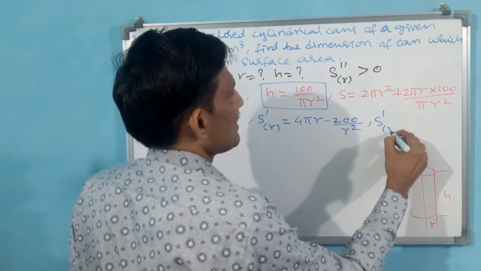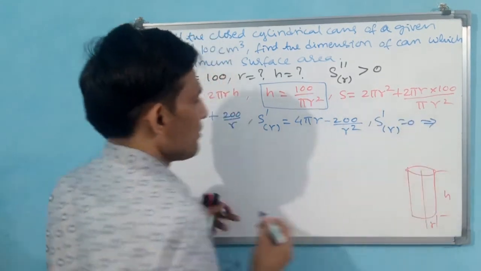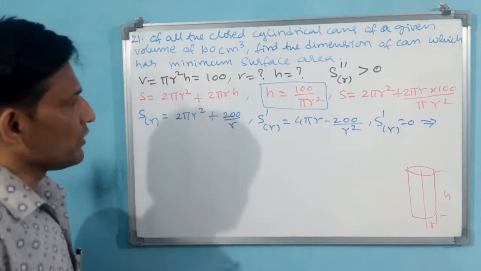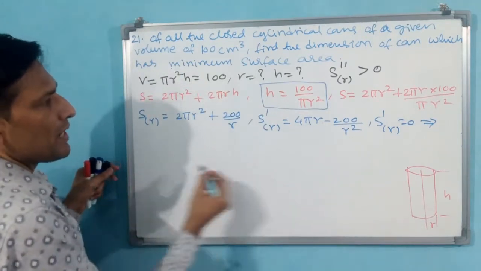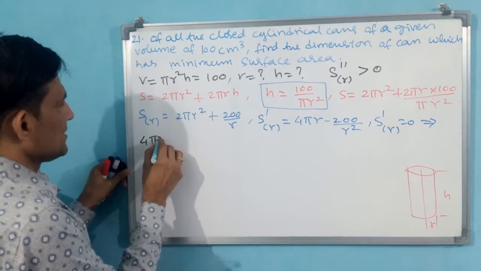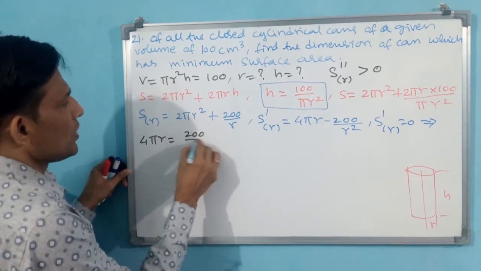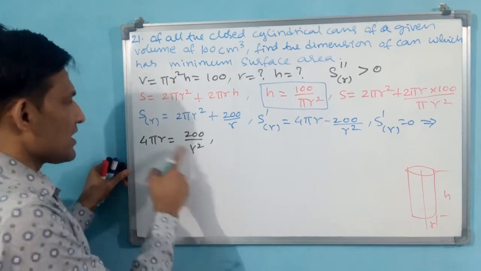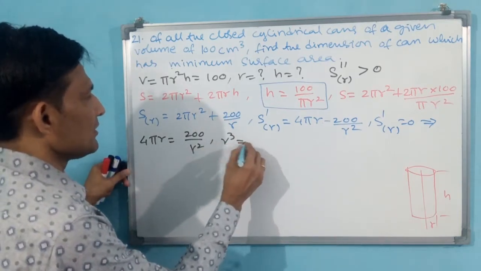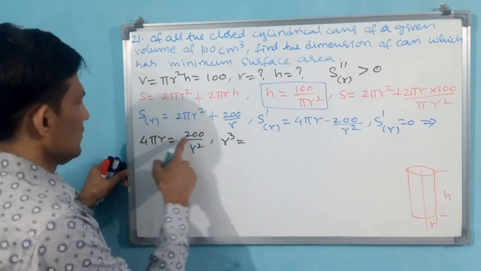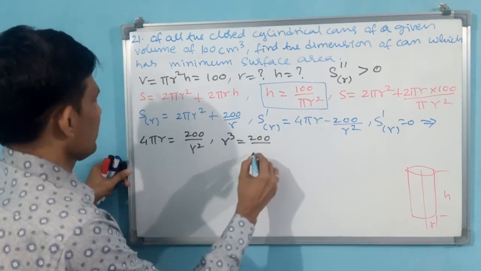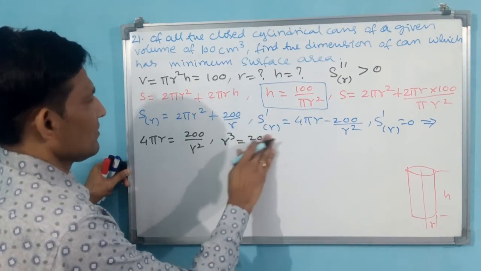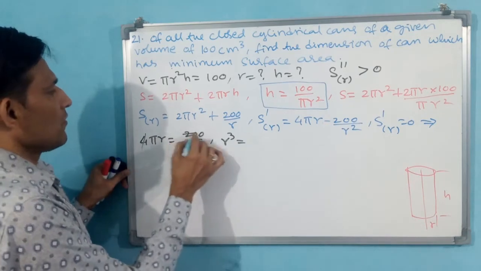Okay, now you see S dash r is equal to 0 to get the r value. S dash r is equal to 0 implies 4 pi r is equal to 200 by r square. You want r value, then you send r one side, r cube is equal to 200 by 4 pi, 50 times goes.